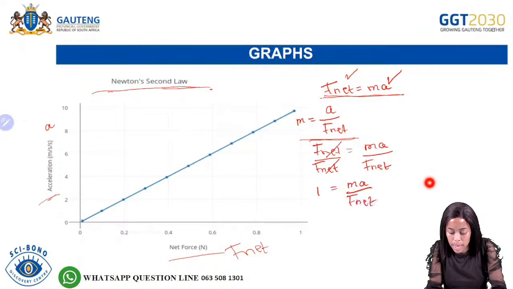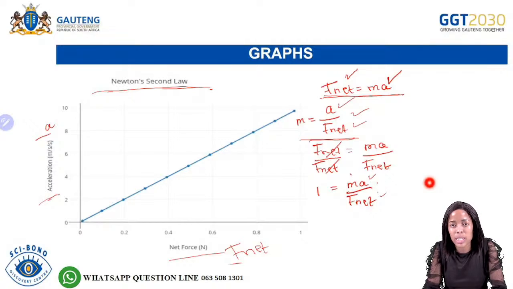Then next, according to the gradient that we initially wrote here, coming from the y-axis divided by the x-axis, we only have acceleration and the F net. But according to the calculation that we are busy with, we have the acceleration and the F net, but we also have the m there.